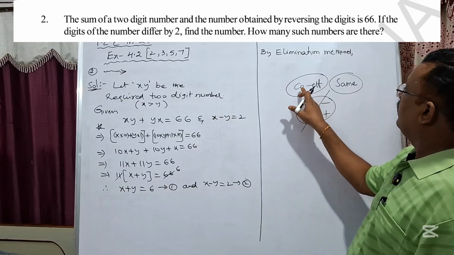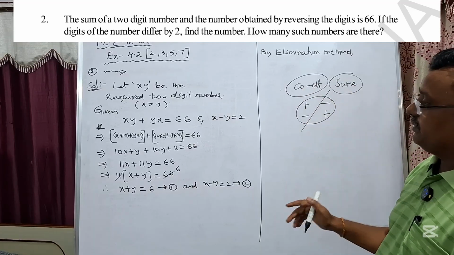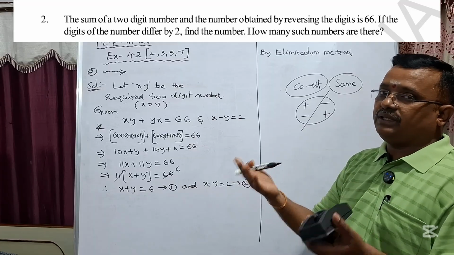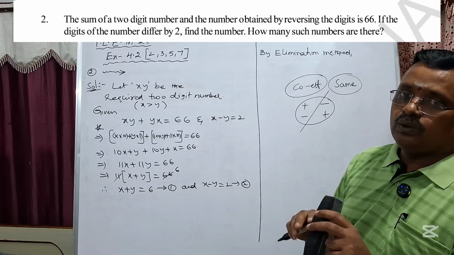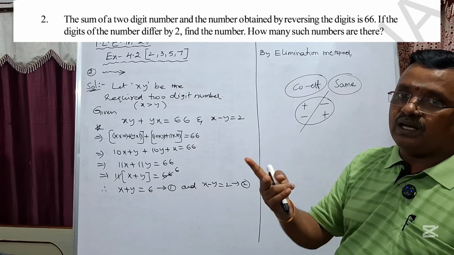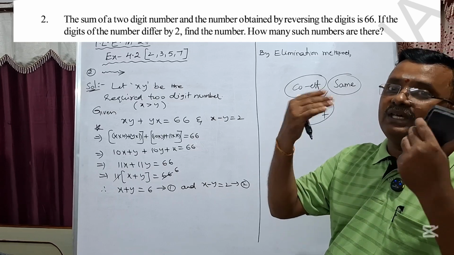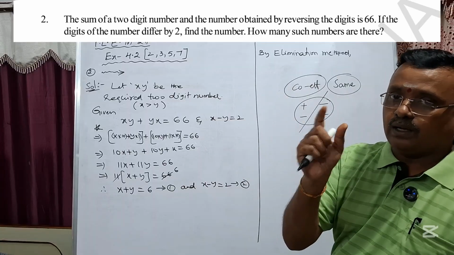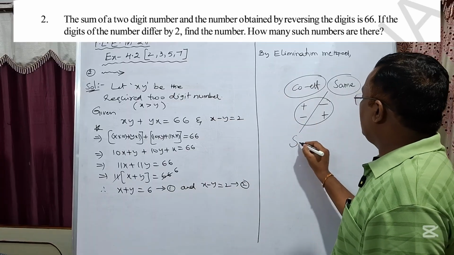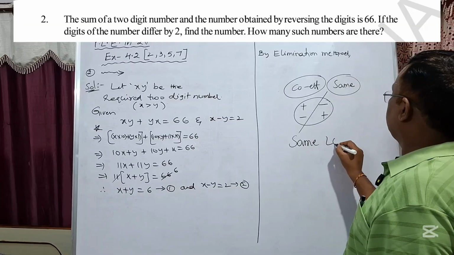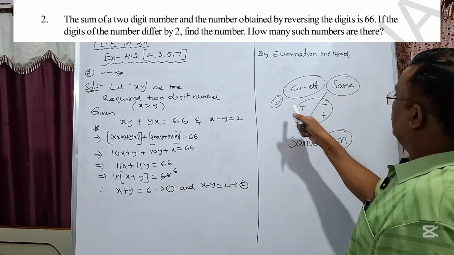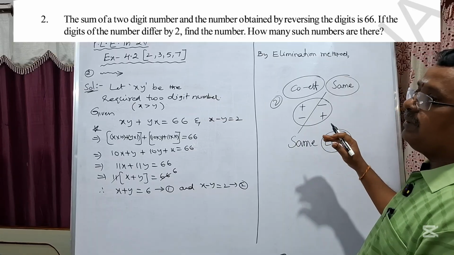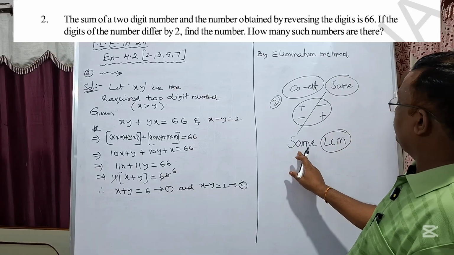But how to make the coefficients same? If luckily the coefficients are same, observe the signs and proceed. If the coefficients are not same, make them same by the LCM process. The LCM of the two coefficients will be useful for us to make the coefficients same.